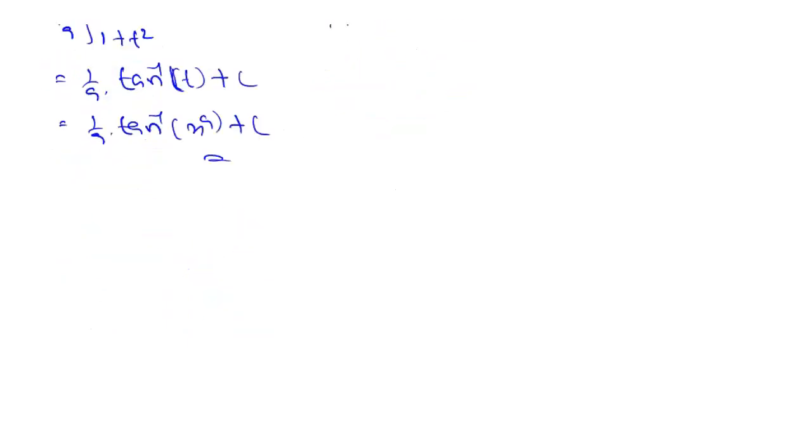In the same model, we have one more question: integral of 2 times x to the power 3 by (1 plus x power 8) dx. Right. So here I can take t is equal to x power 4, dt is equal to 4x cube dx.